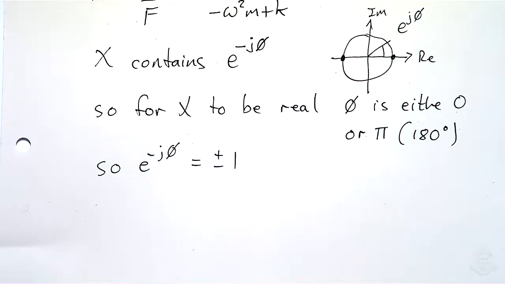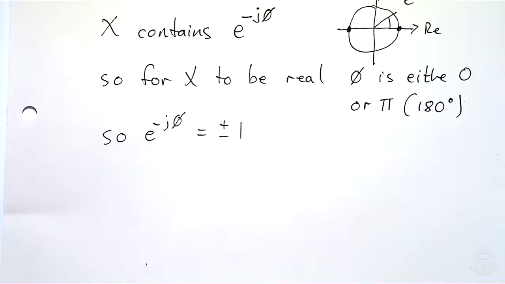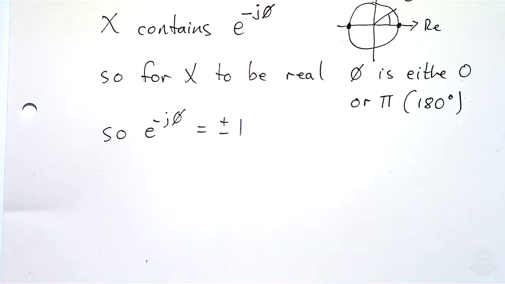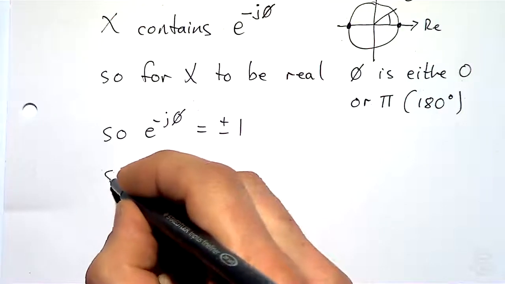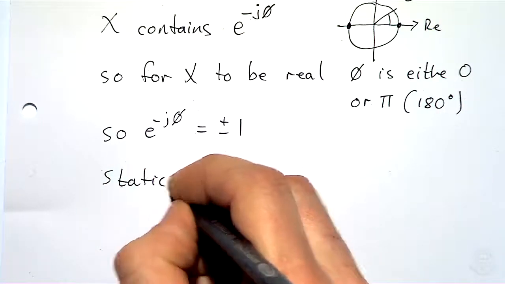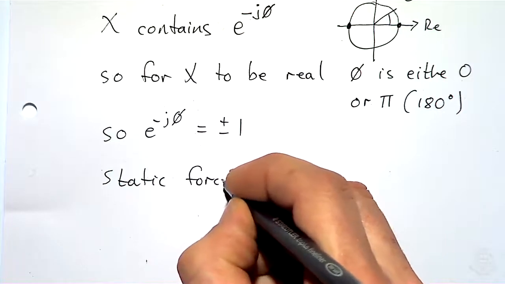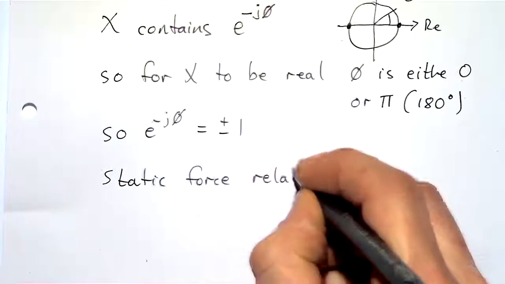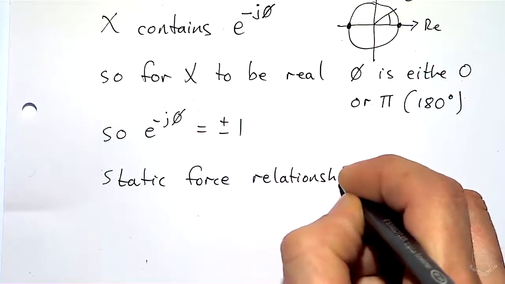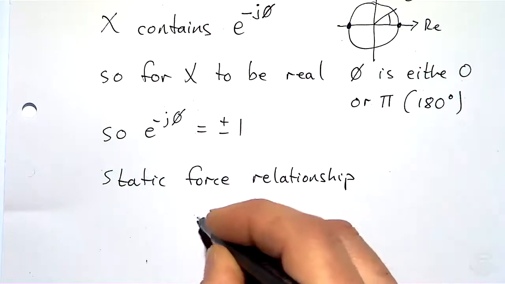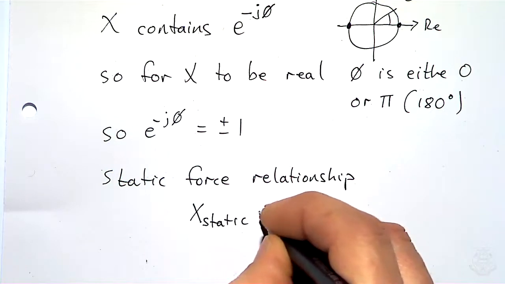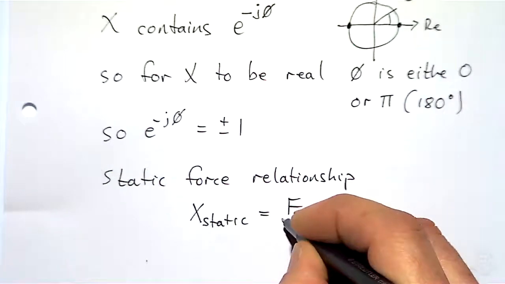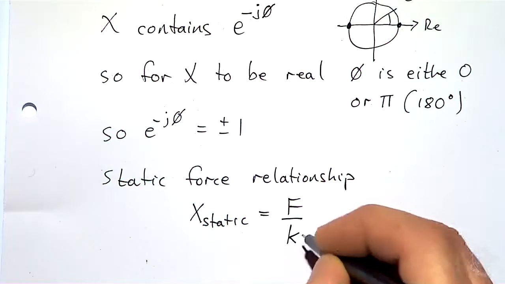So we're going to bring this together with another typical convention: we're going to use the static force relationship. If you remember back to when we talked about it, that's equal to the force over the stiffness, isn't it?